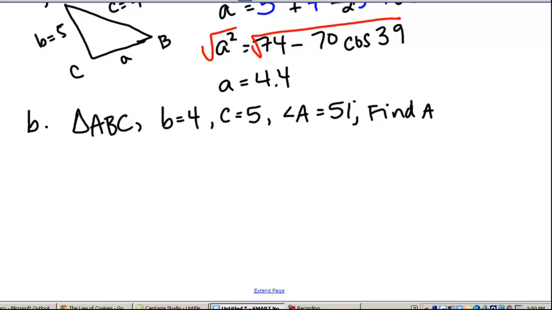Find a. Go ahead and press pause and work through the problem. If you think you got the right answer, you should have gotten 4.0 as your answer.